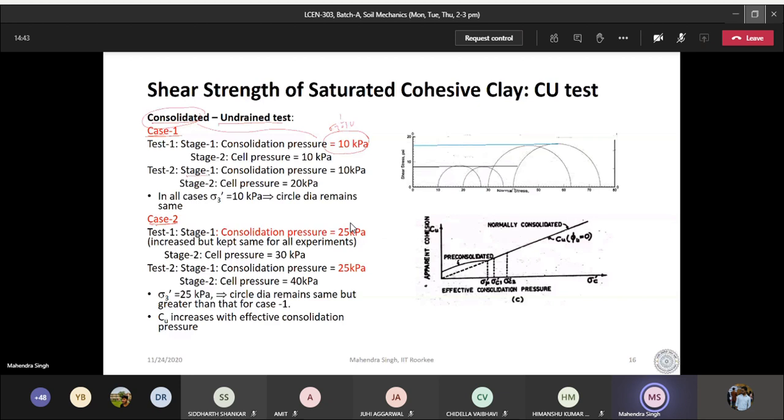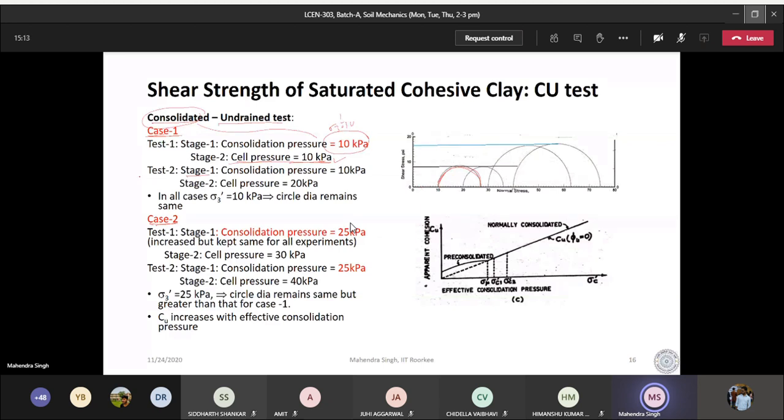Now in stage 2, the cell pressure is 10 kPa only. So when you shear it, this is, let us say, the Mohr circle.